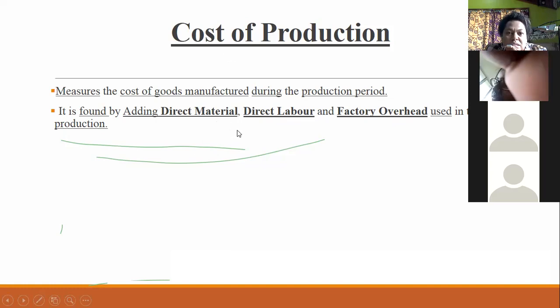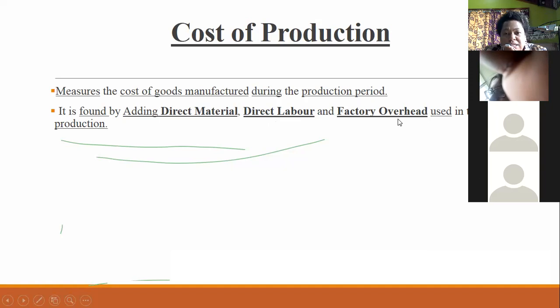So that rings a bell for our first formula for this cost accounting. Cost of production equals direct material plus direct labor plus factory overhead. At the same time, we can also say that these are contents of our manufacturing statement. This is what we are going to record in our manufacturing statement: direct material, direct labor, and factory overhead.